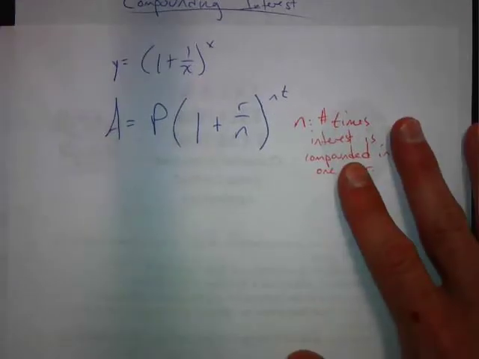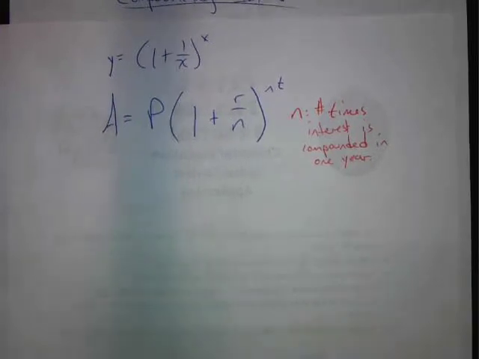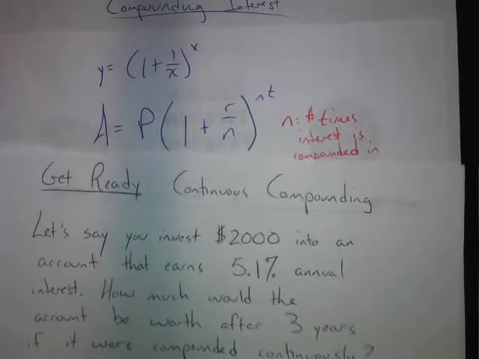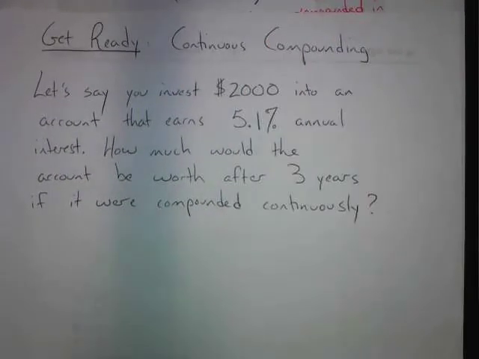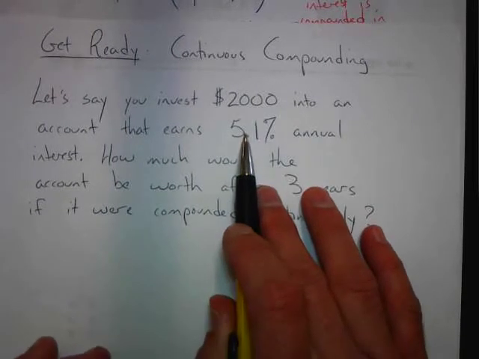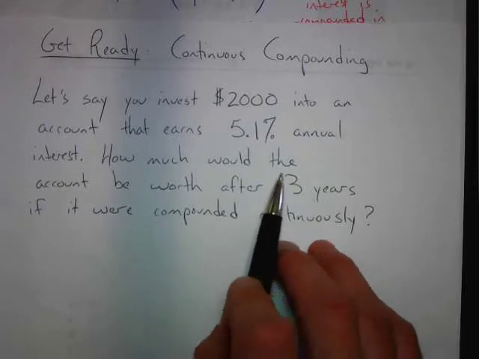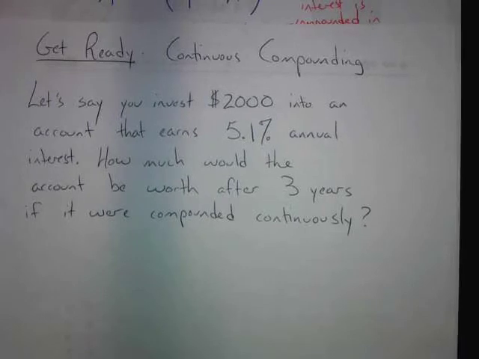So let's go back to this. We're going to play the same investing: we're still going to invest $2,000, in an account that earns 5.1%, for 3 years. But since there's no such thing as compounding continuously, that's fantasy.